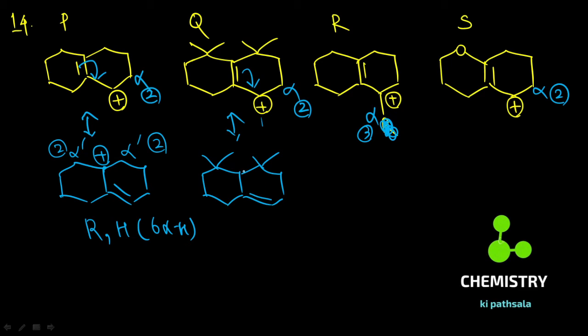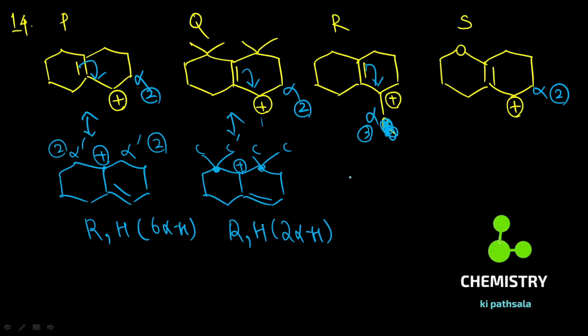So you get a carbocation here, and there is no possibility of new alpha hydrogens because this carbon is having carbons, so there are no alpha hydrogens. You can clearly observe this. So it will be stabilized by resonance and hyperconjugation through 2 alpha hydrogens.